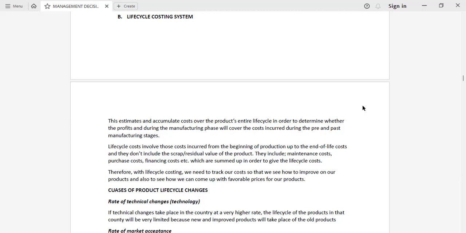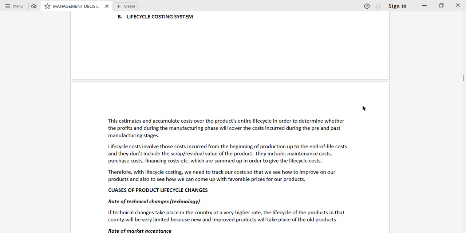It is very important to do so because it helps us keep track of the costs we are going to incur in the production of the product, from the time we buy the raw materials.